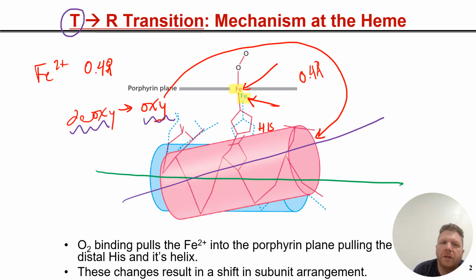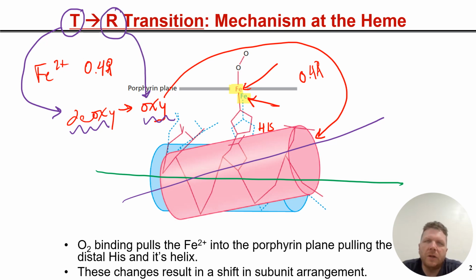These two forms are commonly known as the T, or deoxy, and the R, oxygenated state. Now, these are not exclusive to hemoglobin. These are terms used for proteins that go from an active form to an inactive form, and they are reserved for allosteric proteins.